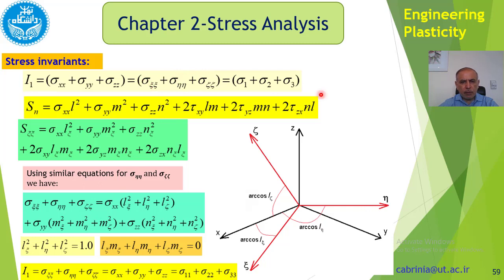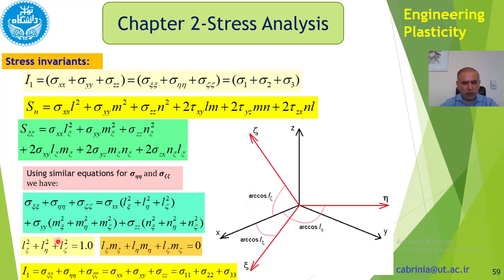We will get a very long expression in terms of sigma xx, sigma yy, sigma zz, and as you can see here, we have sigma xx, so that if we add up this sigma xi, eta and zeta together, we get L xi squared, L eta squared, and L zeta squared. And similarly for sigma yy we get this one, and for sigma zz we get that one.